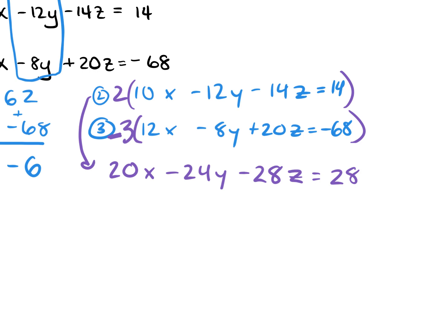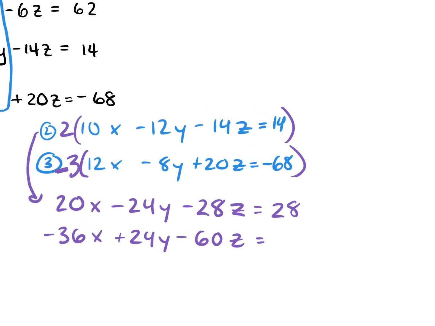My second equation is going to be negative 36x plus 24y minus 60z is equal to negative 68 times negative 3. Let's write it up top. 204.